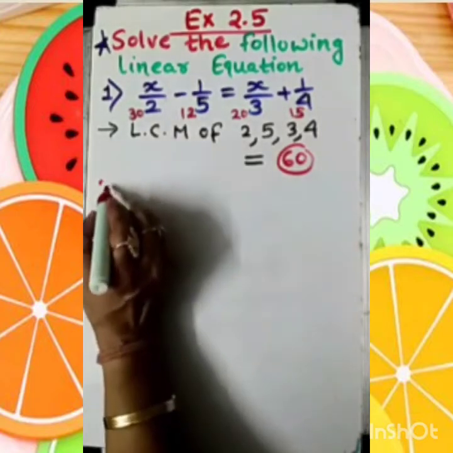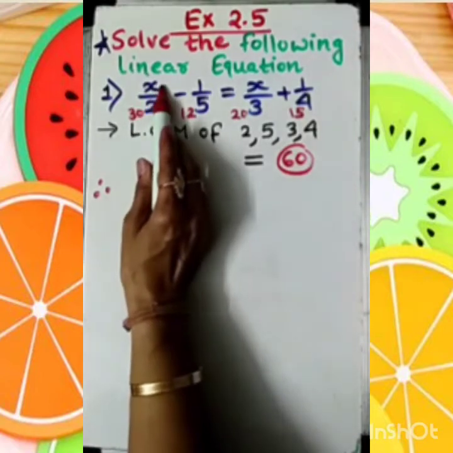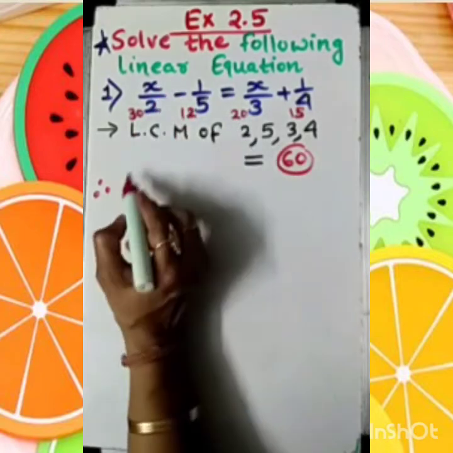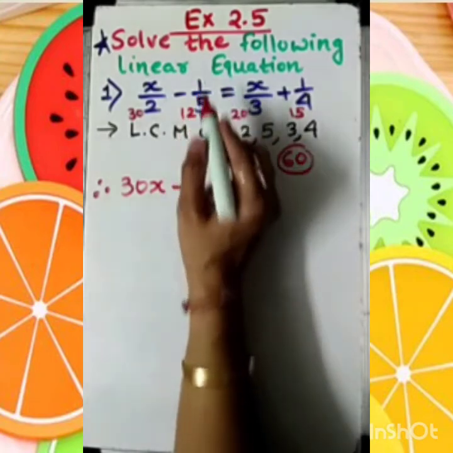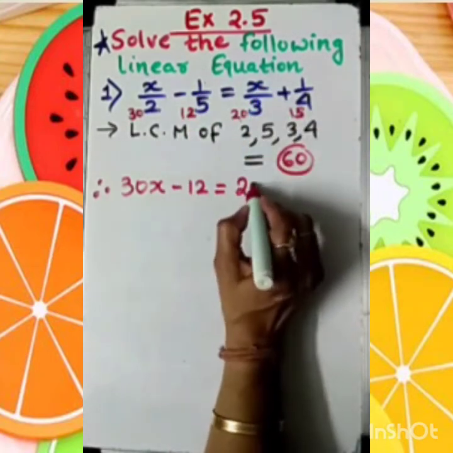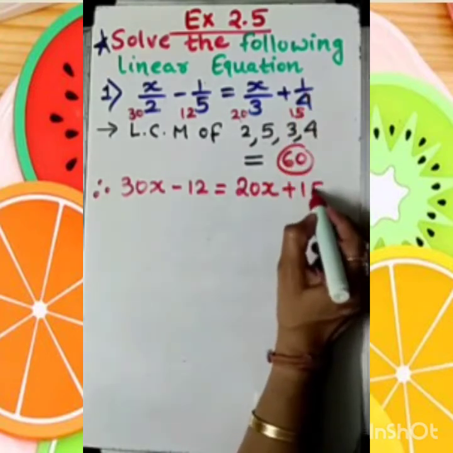So therefore, next step, with the same number I am going to multiply the numerator. So what do I have here? 30 into x, that is 30x, minus 12 times 1, 12, equal to 20 into x, that is 20x, plus 15 times 1, 15.